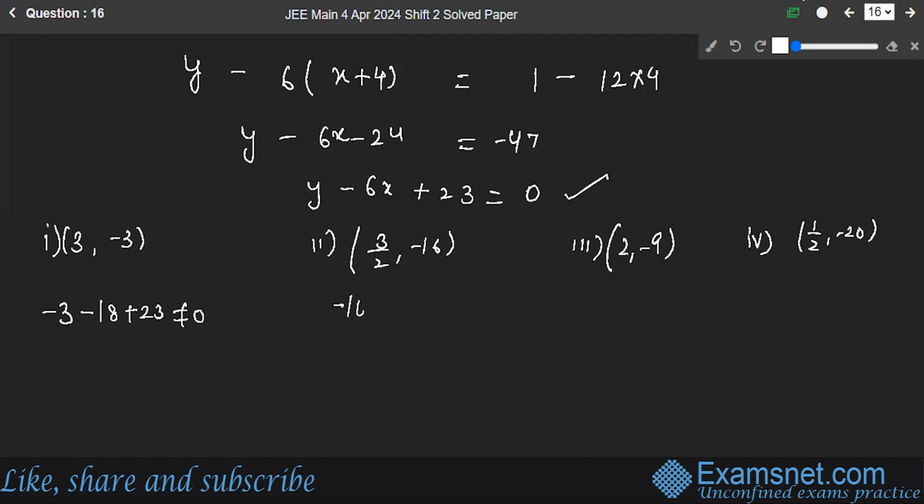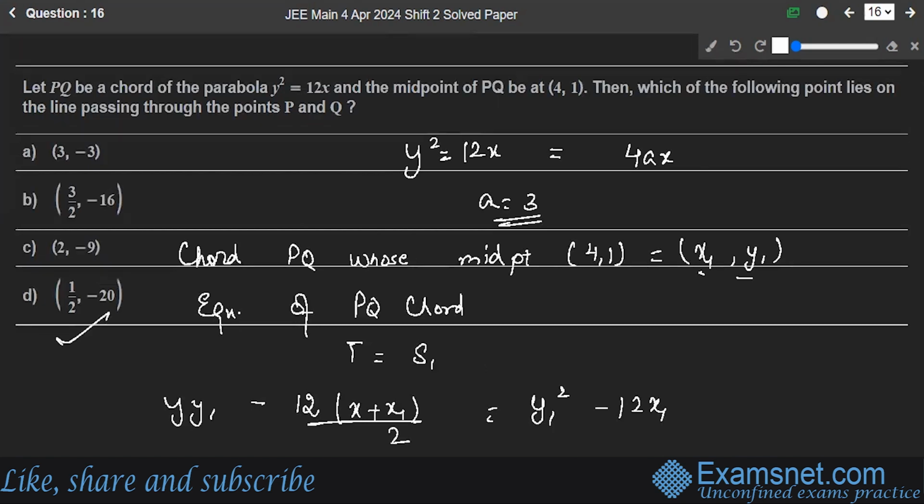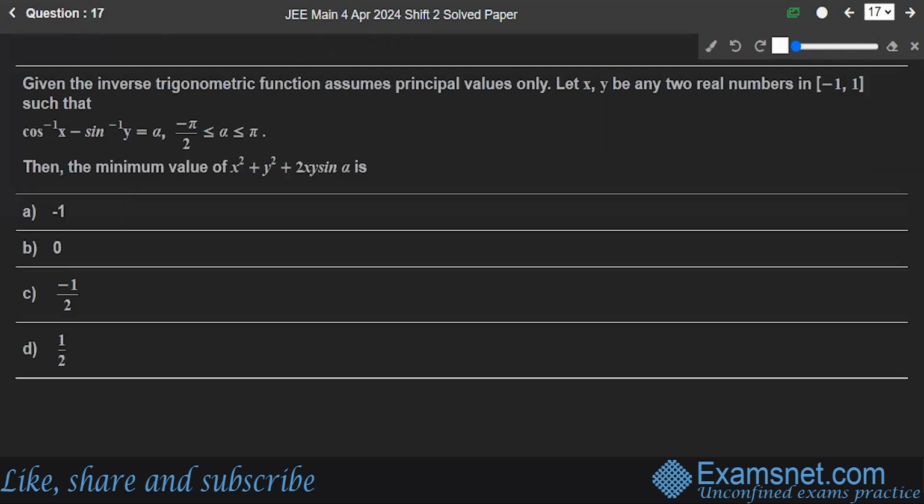And minus 16, this will be 3 minus 9 plus 23. This is also not equal to 0. And minus 9 minus 12 plus 23. No, not equal to 0. And minus 20 minus 3 plus 23. Yes, this is equal to 0. So D option is the correct answer because this point satisfies our equation of the chord. Hope you are clear with this. Let's move to the next question.